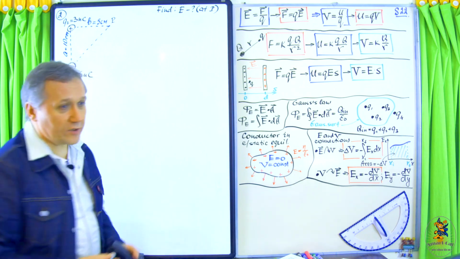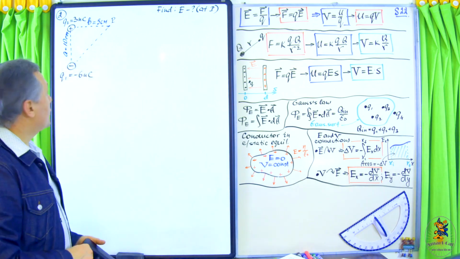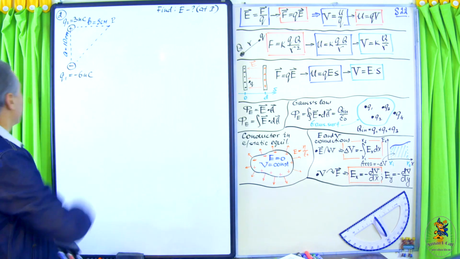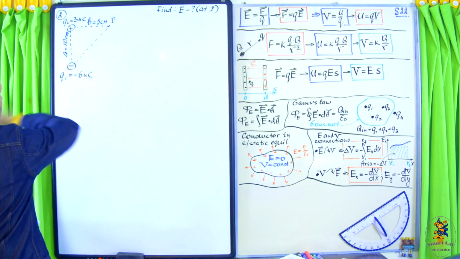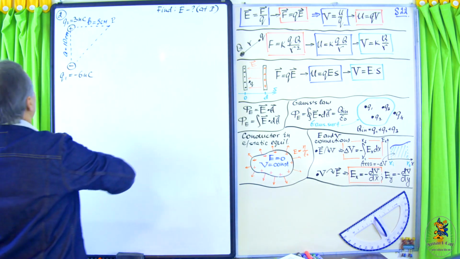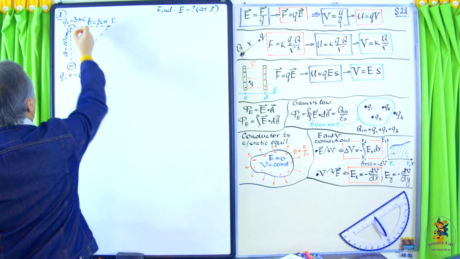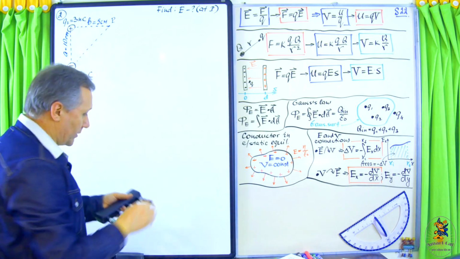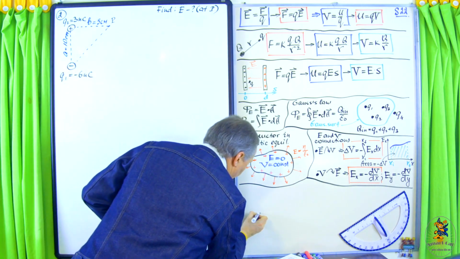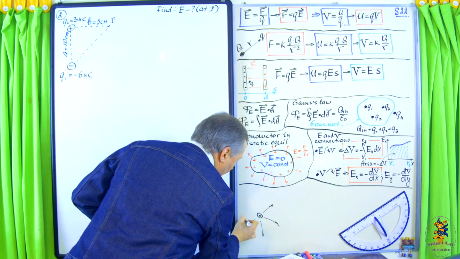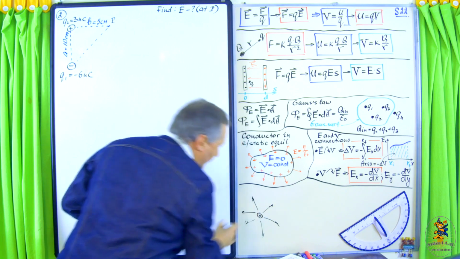And before we start crunching numbers, let me draw all those electric fields, the contribution to the net electric field from the charge Q2 and from the charge Q1. So let's start with charge Q2. It's a positive charge. You remember that if you have a positive charge, electric field lines start on the positive charge and go to basically infinity, right?